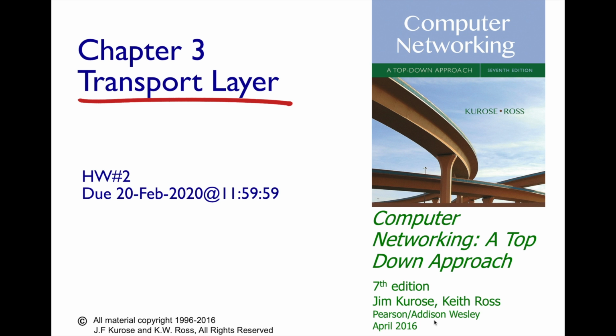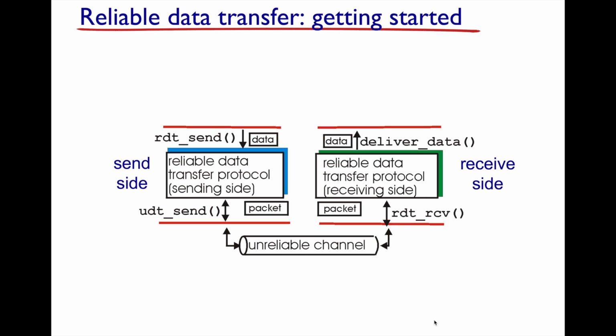So the bulk of today, continuing on, we're going to spend our time discussing the Reliable Data Transport Protocol. This is an abstraction in this particular textbook, Computer Networking: A Top-Down Approach, for understanding the semantics, or the behavior, that TCP engages in between the sender and the receiver endpoints.